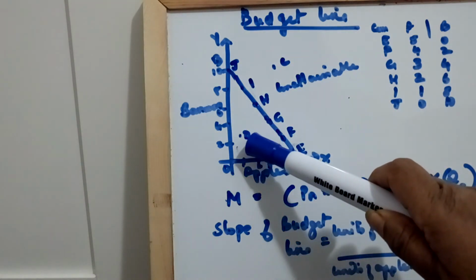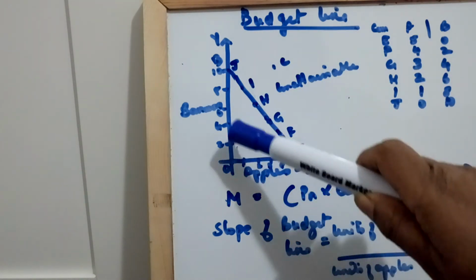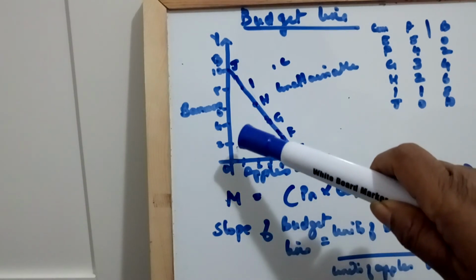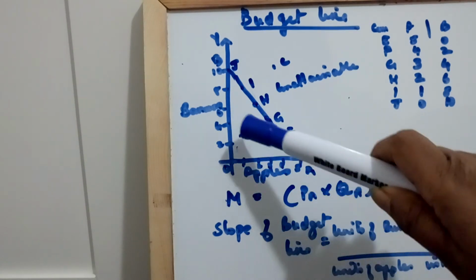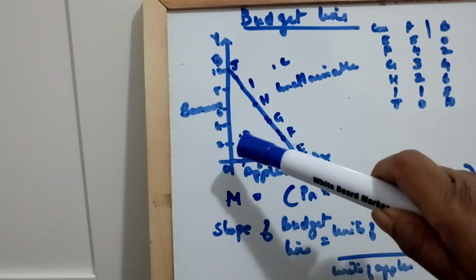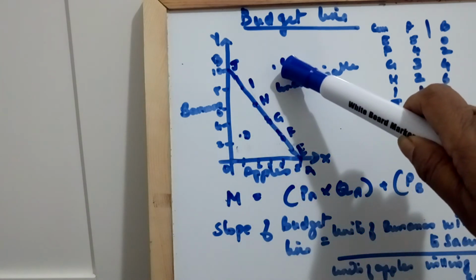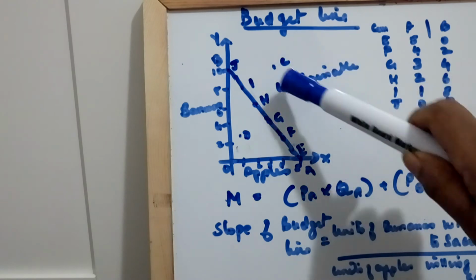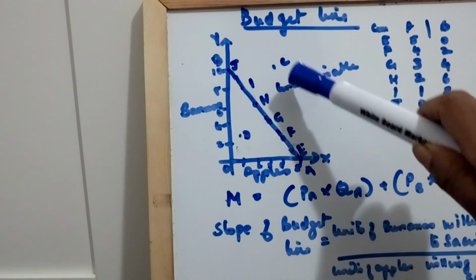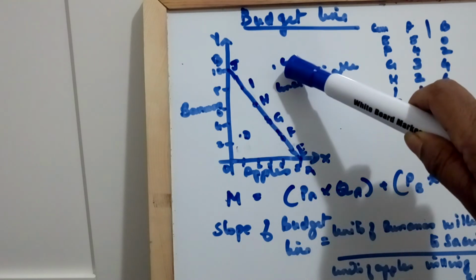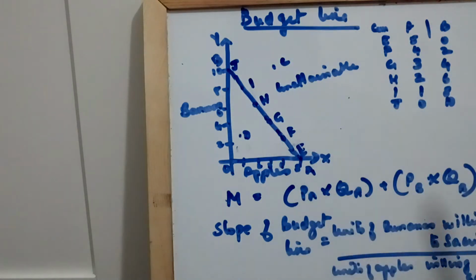If it lies here, point D, he is not spending his income properly, or is not using his income entirely. If the combination lies outside, point C, you find it is unattainable. You cannot, because this is much higher than the income of the consumer.